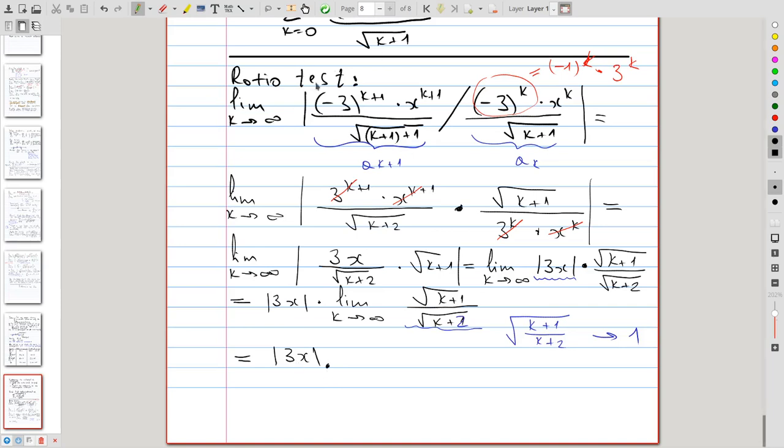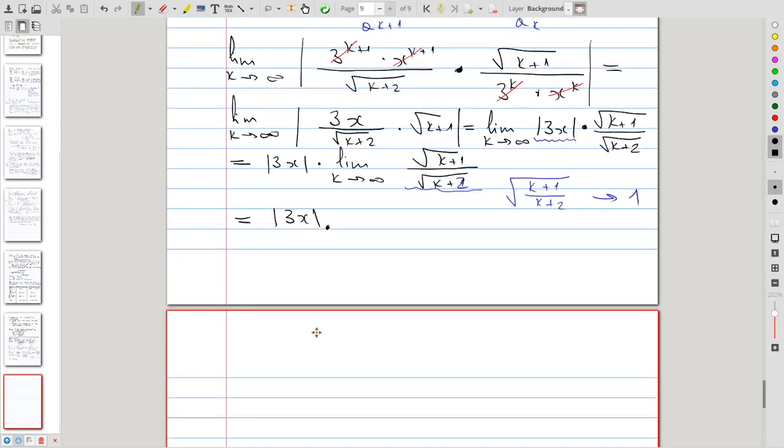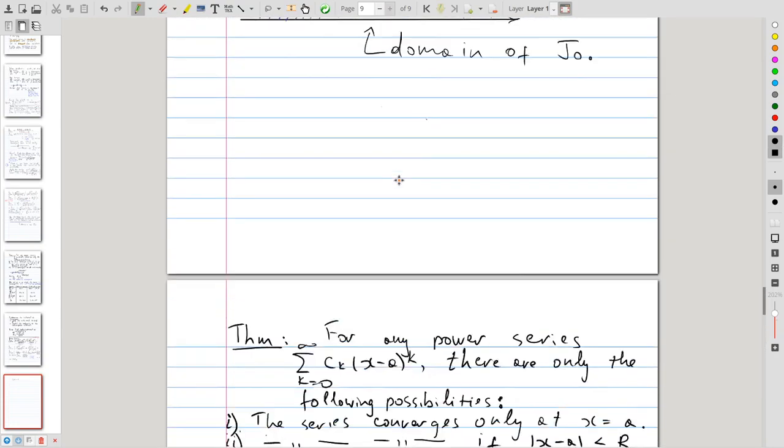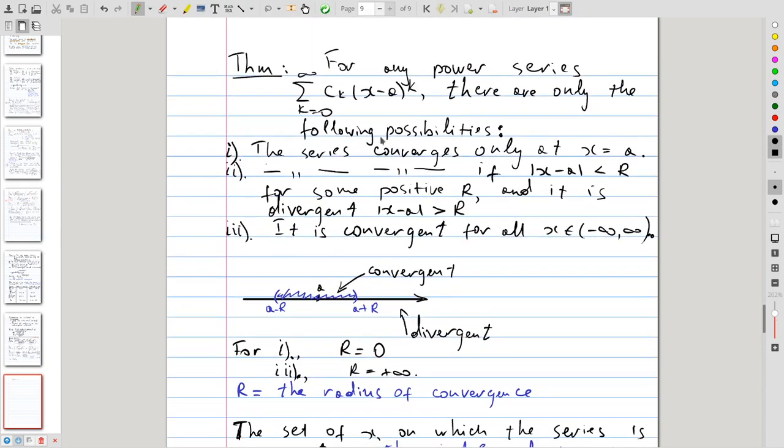The output of the ratio test being dependent on x means that we must now solve the absolute value of 3x less than 1 to determine what r is. If you look back at the theorem, you see that the form of the interval of convergence is the one of this inequality.